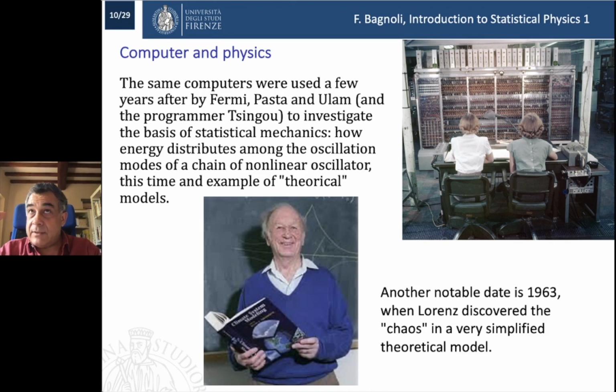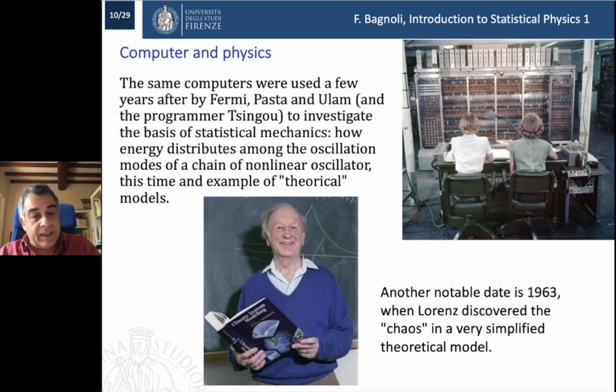Clearly, this holds if the system is non-linear, because linear systems do not have equipartition. But what Fermi was considering is, how long does it take to have this equipartition? Because clearly, if it takes a few nanoseconds, you can assume that you are essentially in equilibrium just after a few time steps.